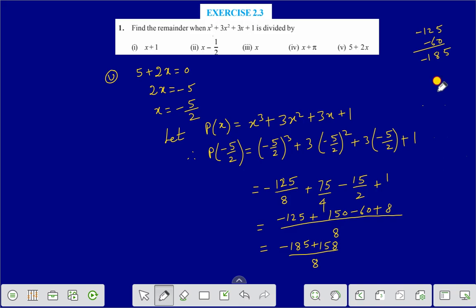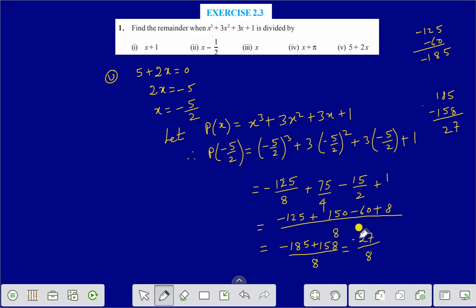If we subtract, 185 minus 158 gives 27. Then we are getting minus 27 by 8.